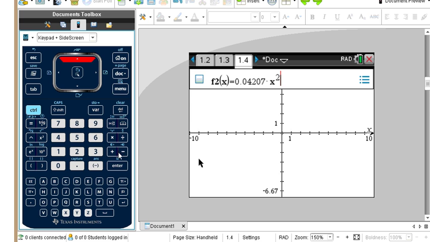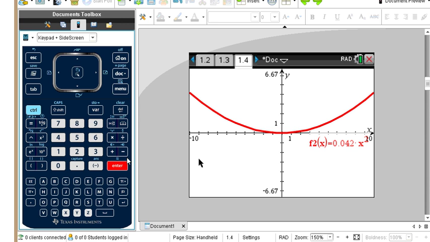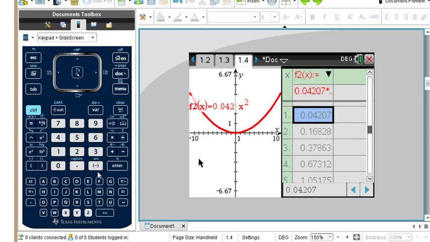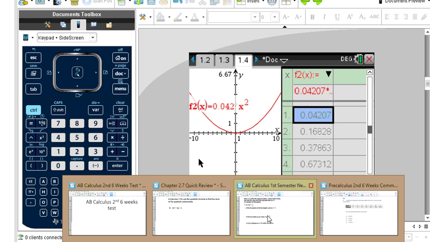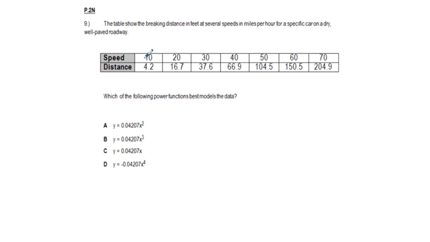Here it is. That's answer choice A. We enter that. This is what we see. If we go to our table view, what we have here in our answer choices, we have every speed 10, 20, 30, 40, 50, 60. So we can scroll and get these numbers.